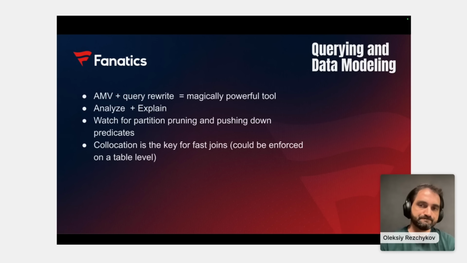Going forward, the AMV, or asynchronous materialized views, plus query rewrites, is a magically powerful tool. With power comes responsibility, and you need to be very careful with regards to how you build your AMVs.